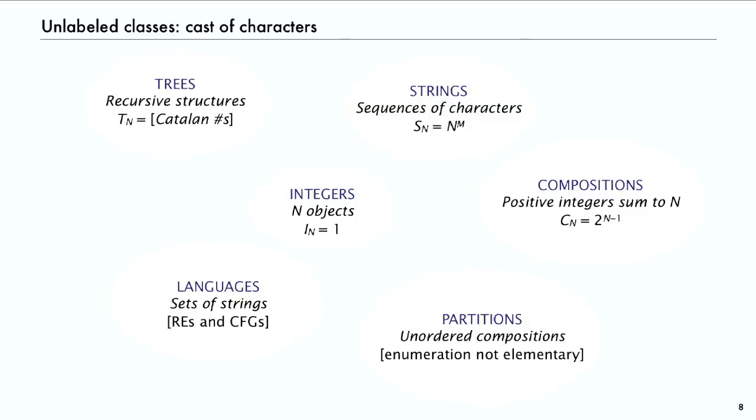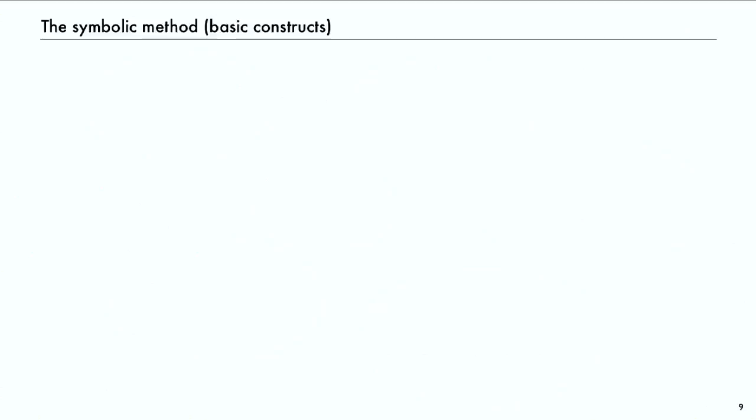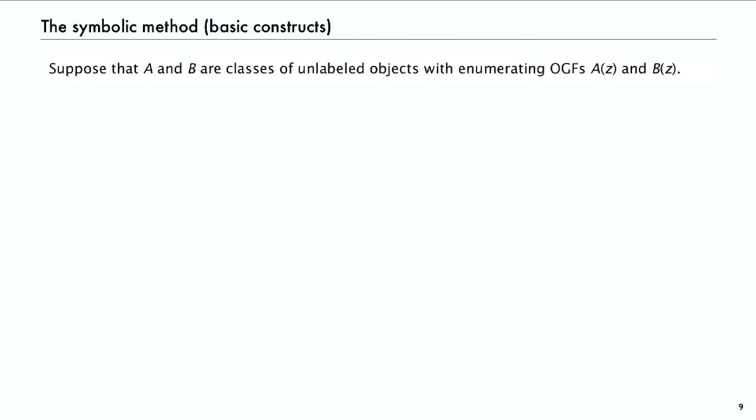Compositions are positive integers that sum to n, and partitions are unordered compositions, and we'll look at all of those soon. So to describe those combinatorial classes, we use basic operations or constructions.